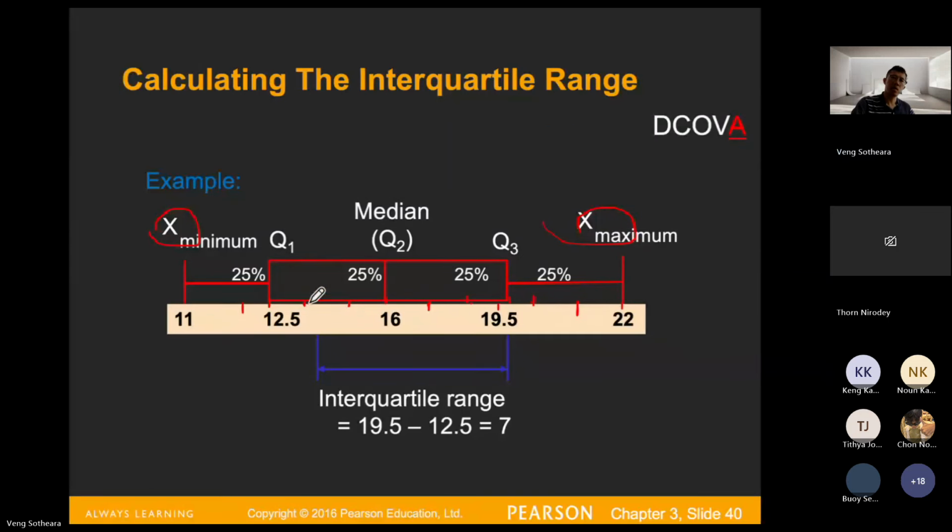So you just put those five measures along the scale, along the line, and then draw a box. Draw a box starting from Q1 up to Q3, and then you divide the box by Q2, put at the right scale.